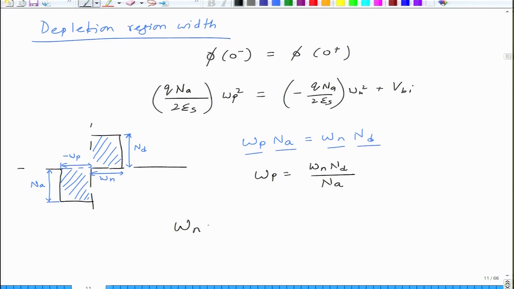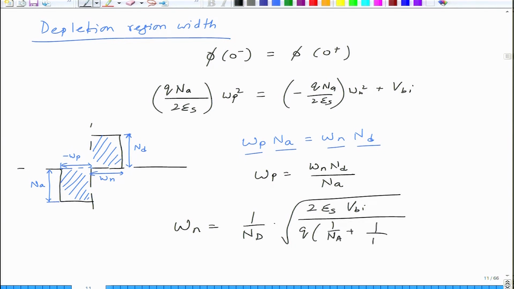So, if you do that, you will find that Wn is equal to 1 over Nd into square root of 2 epsilon s Vbi divided by Q into 1 over Na plus 1 over Nd.